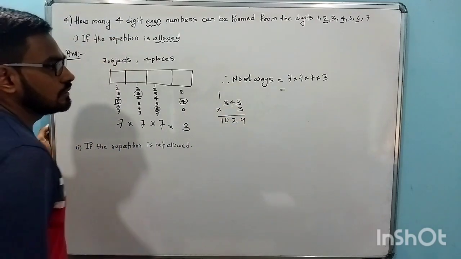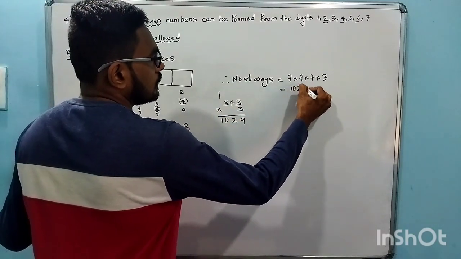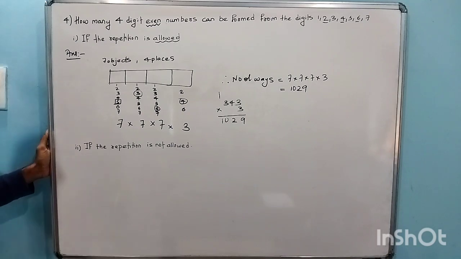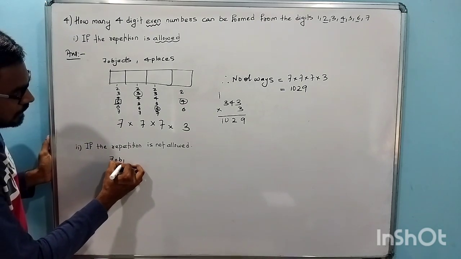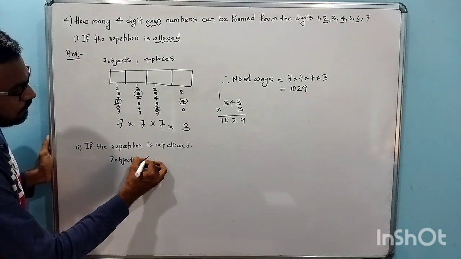So 1029. Now, next, if the repetition is allowed, now I have again 7 objects and 4 places.